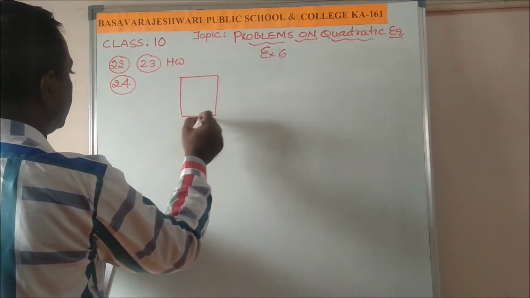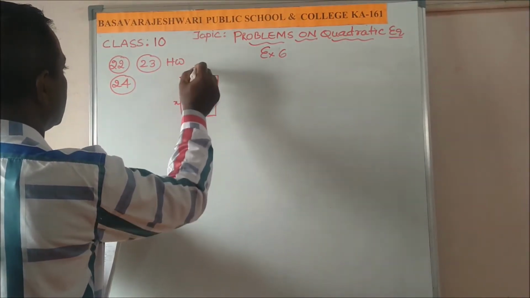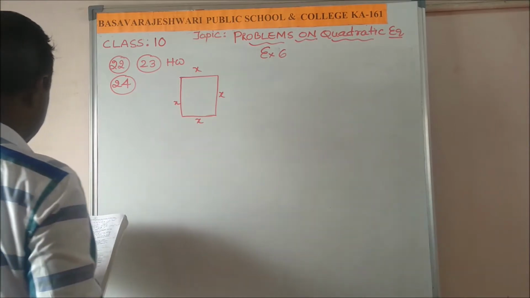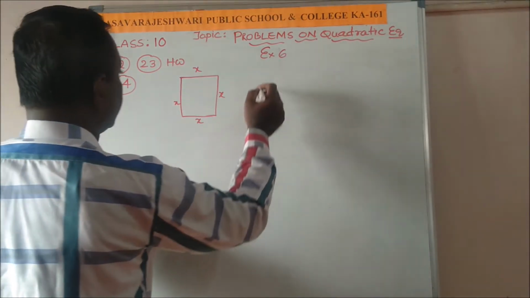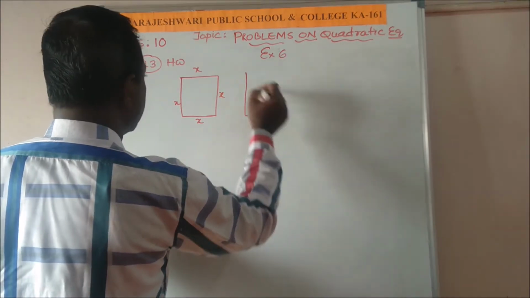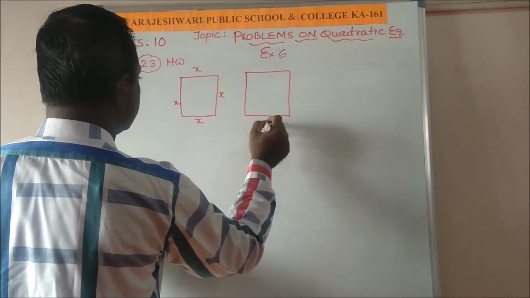Two squares are there. One has sides of x centimeters, and the other square has sides of x plus 5 centimeters.